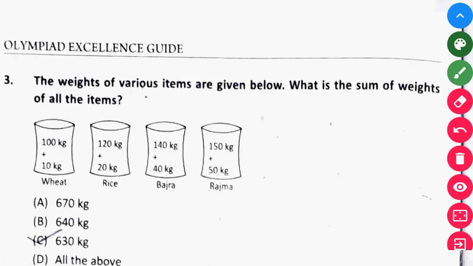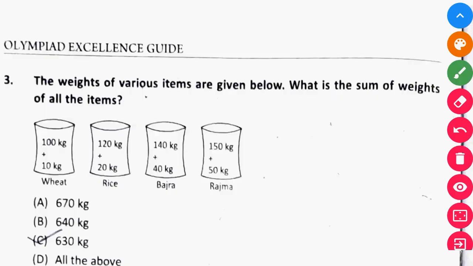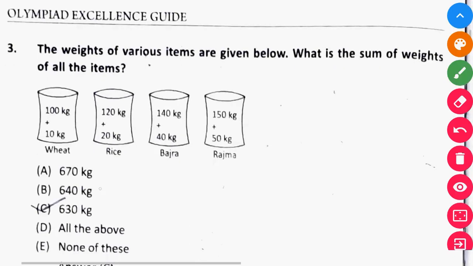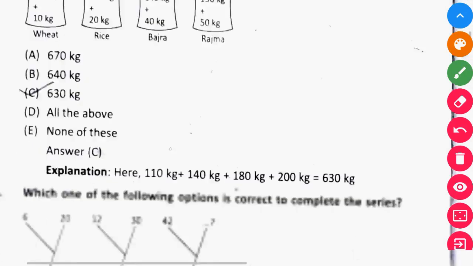Now see, the weights of the various items are given and the sum of the weights of all items is asked. So you just have to add the weights. First, in the first container, you have to add wheat, rice, bajra, and then add all of them.